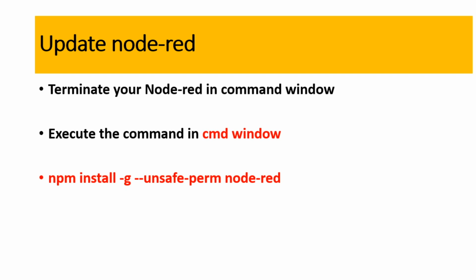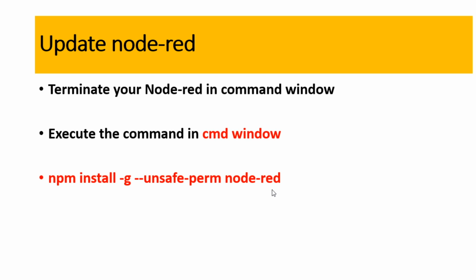Sometimes our system may not support this. During this time, on the client side, you are supposed to update your Node-RED. In order to update your Node-RED, you can terminate your Node-RED in the command window, then execute the command: npm install -g --unsafe-perm node-red.